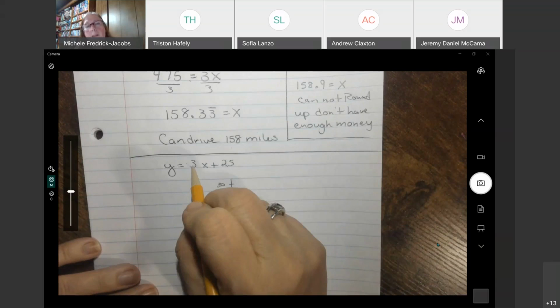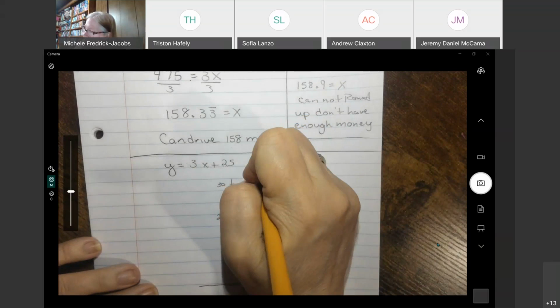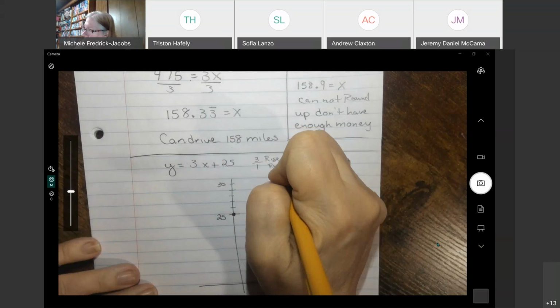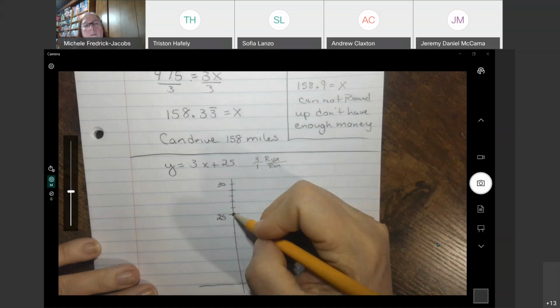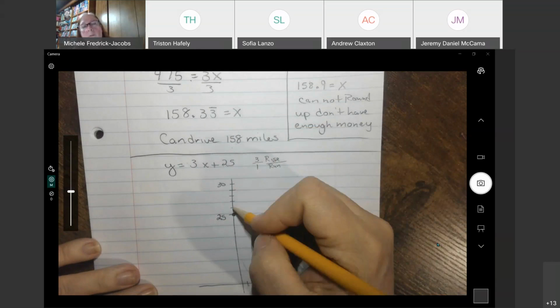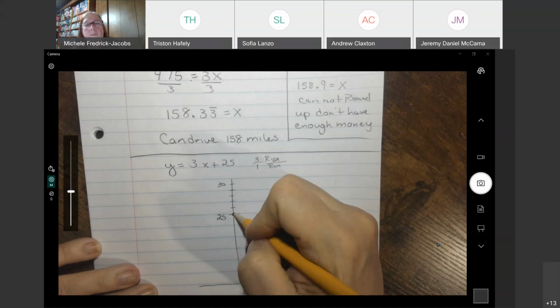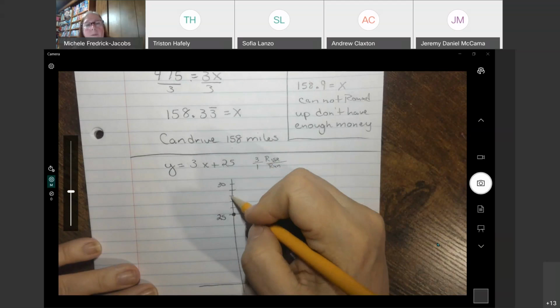And then the slope, you want it as a fraction, and it's rise over run. So from this point, which is the y-intercept, so it hits the y-axis at 25, you go up 3 because it's positive, up 3 and right 1.